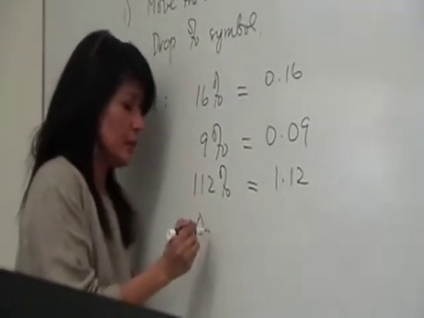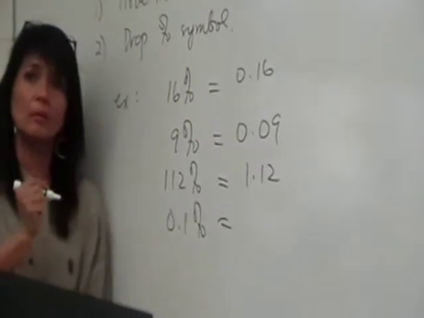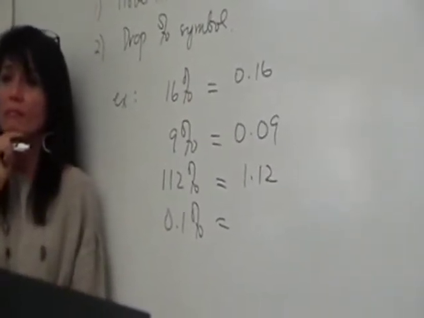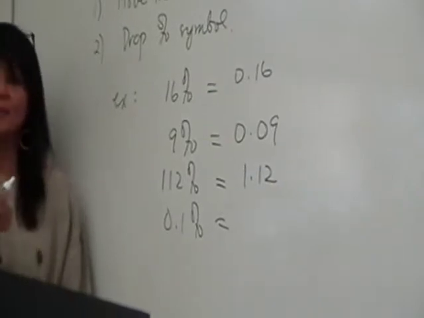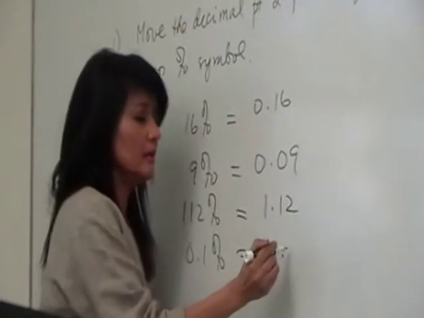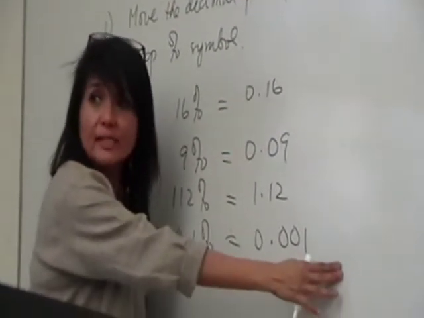Can I have 0.1%? What is 0.1%? 0.001. Just follow the rule, which is move the decimal point 2 places to the left. So the answer will be 0.001 without the percent. Did you guys understand?